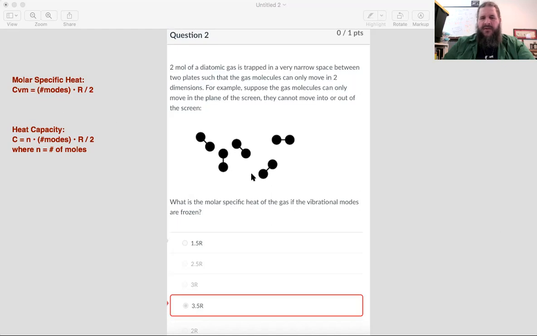So how would we figure out the number of modes of these diatomic molecules in a gas phase trapped in this space between 2 plates? How many or what modes would we count here? What modes should we include?